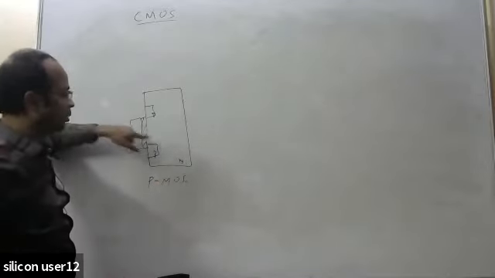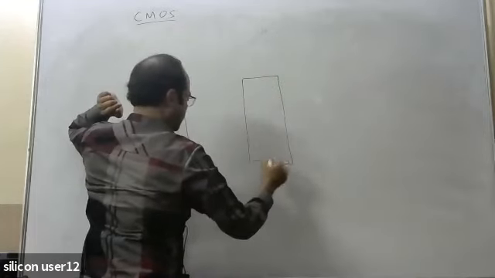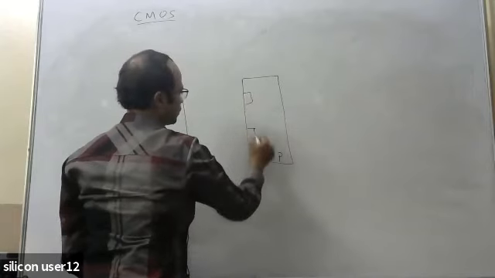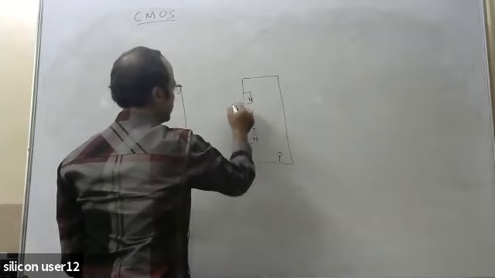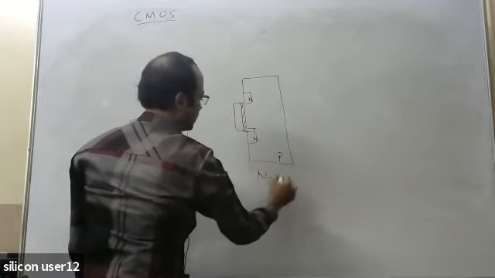Similarly, this is an NMOS, where the body is of P type, the drain and source are of N type, and there is an insulator and a gate. So this is your NMOS.